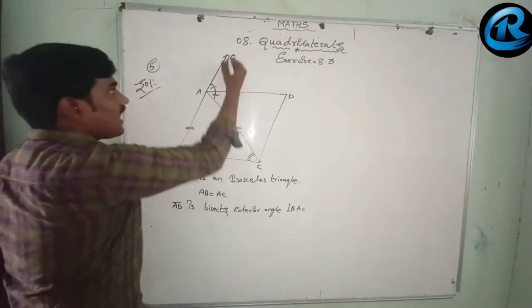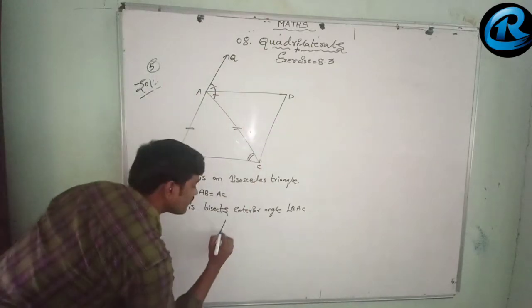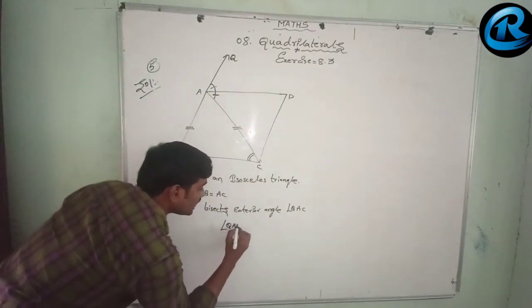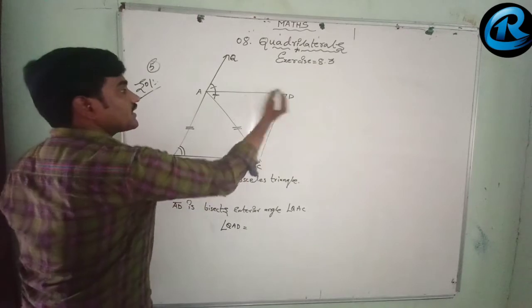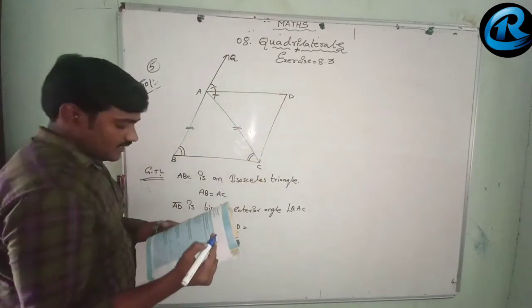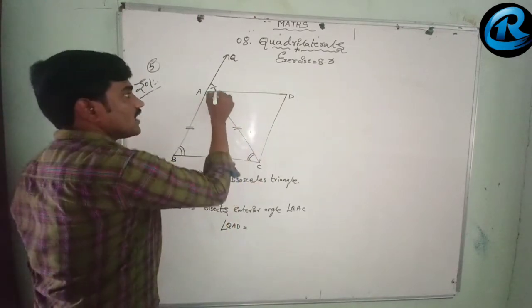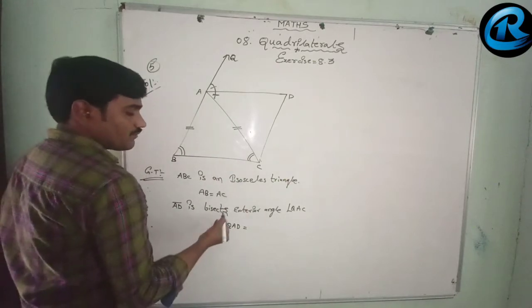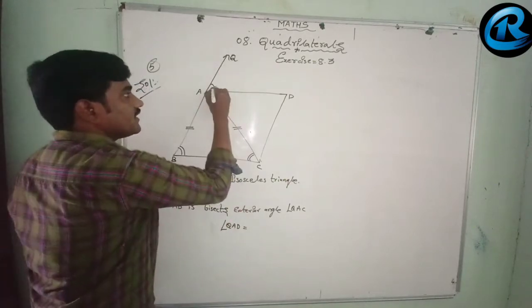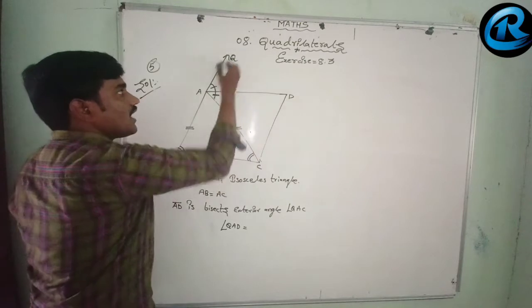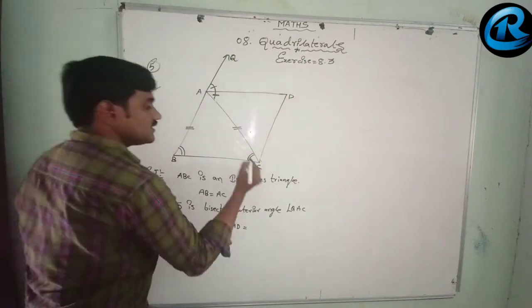That means angle QAD is equal to angle DAC. So these two angles are bisected, no? So angle QAD and DAC are equal.